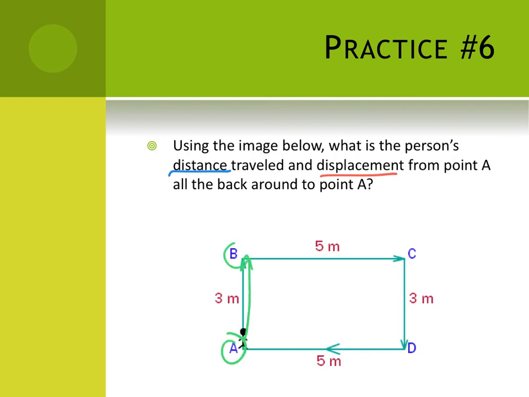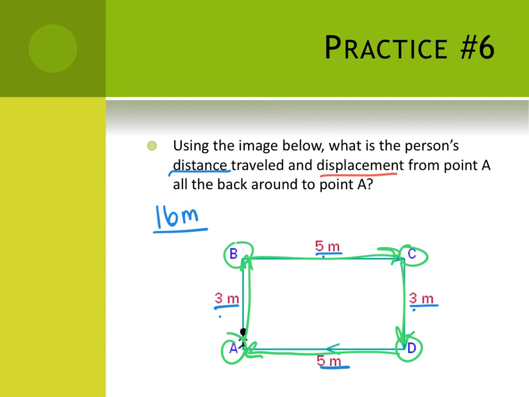We're going to go up, over, down, and back around to point A. So distance is, we're just going to add them all up. Okay, so 3 plus 5 plus 3 plus 5 is going to be 16 meters. That's my distance. That's how much I walked, or if I ran, 16 meters.